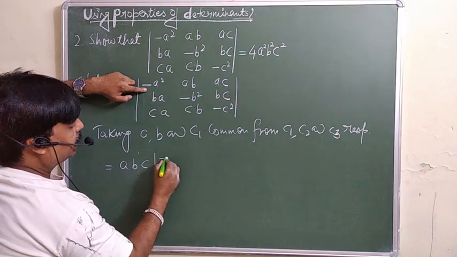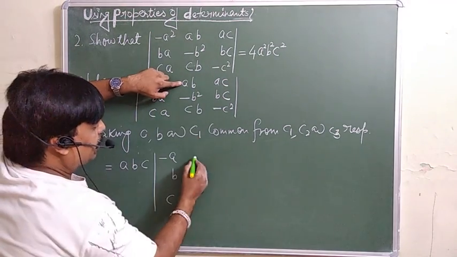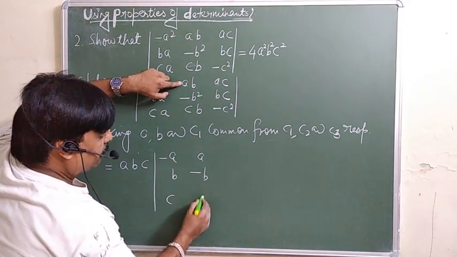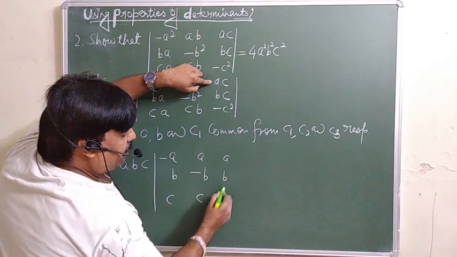So what you will get is here: a, b, c in the first row; here you are taking b, so this is a, minus b and c; and here c is common, so this is a, b and minus c.